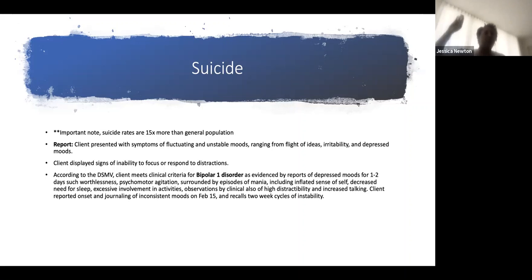But when we jump from one really high down to the depressed moods, then we're looking at bipolar 2. And I say these things just to give you something to keep in mind, a concept and a thought to more easily dismantle the DSM itself.